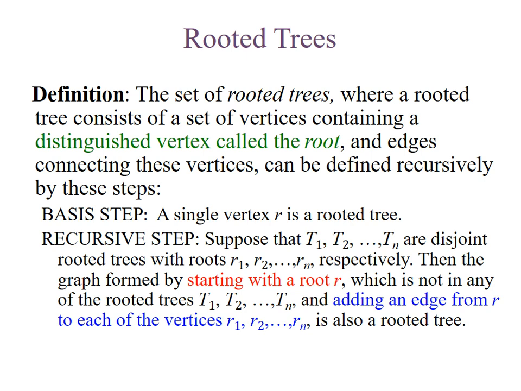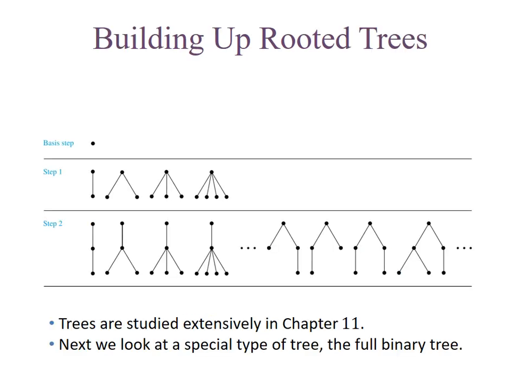Basically, this definition tells us that for rooted trees, we can have as many subtrees as possible, because we can connect the root to different disjoint subtrees T1, T2, to Tn. Once you have this root, then you can control the tree. So let's see the process of how we construct different rooted trees.